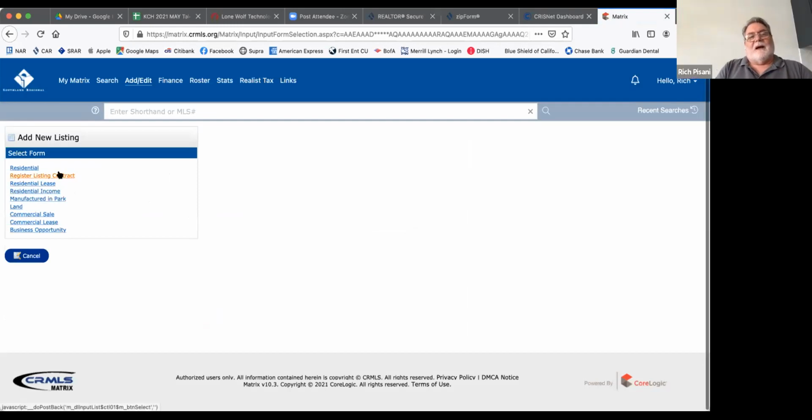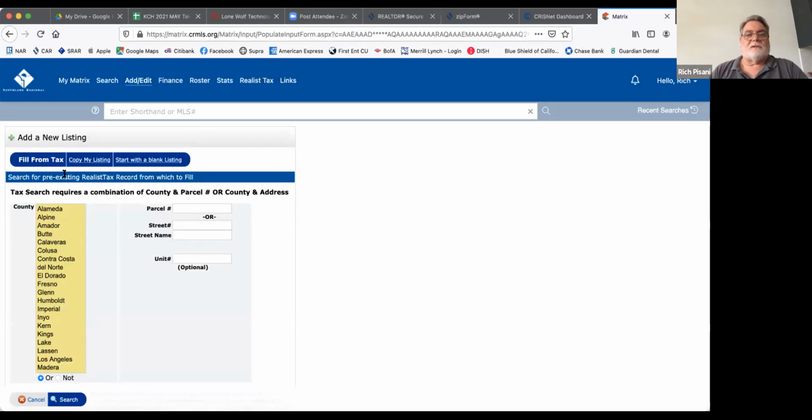Register listing contract. So when you add a new listing, you have a choice: residential, register listing contract, residential lease, all the other choices. So you're going to register the listing contract.